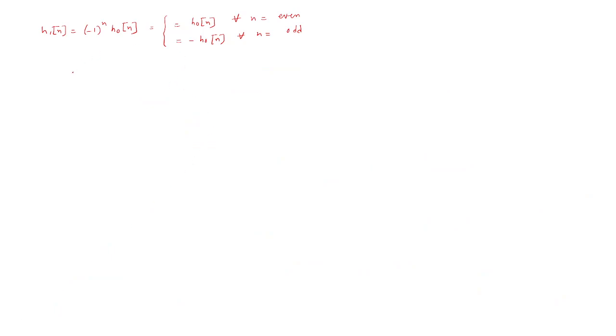So if I write h1(n), this sequence, it turns out like this: h1(0), h1(1), up to h1(N-2), h1(N-1). And if I write it in terms of h0(n), the even indexed coefficients remain the same, the odd indexed ones get their signs flipped.